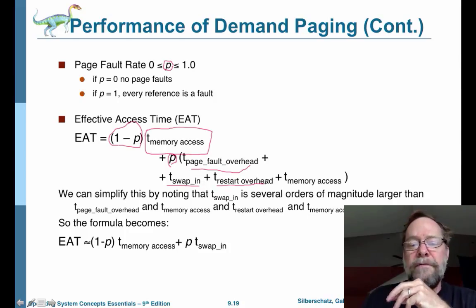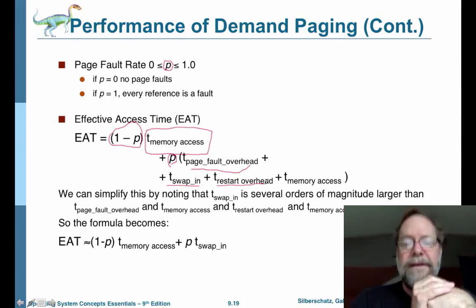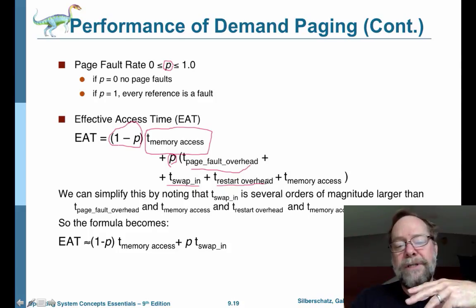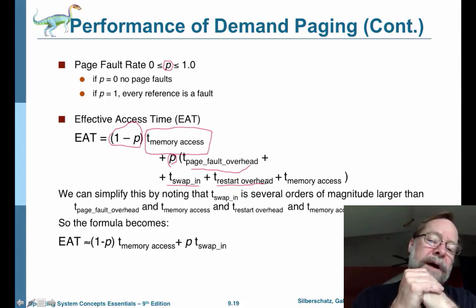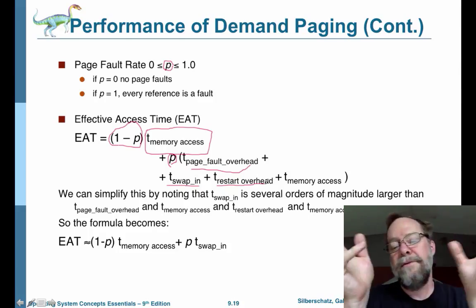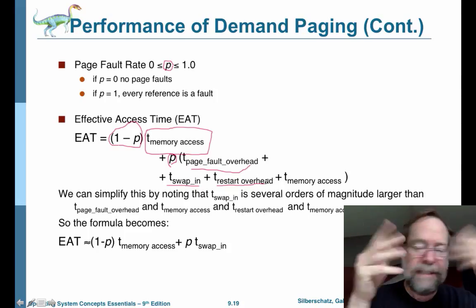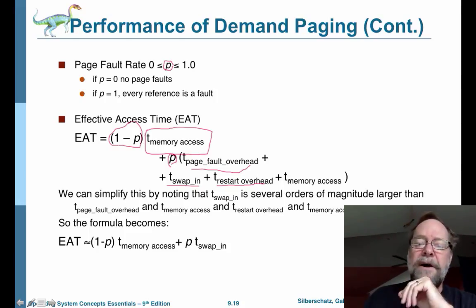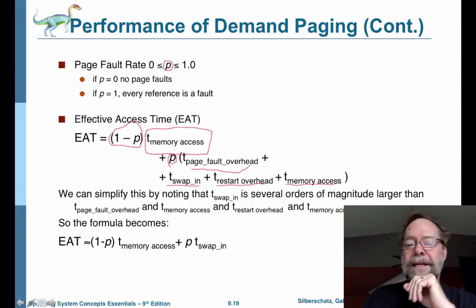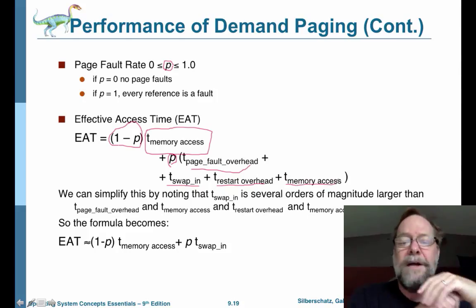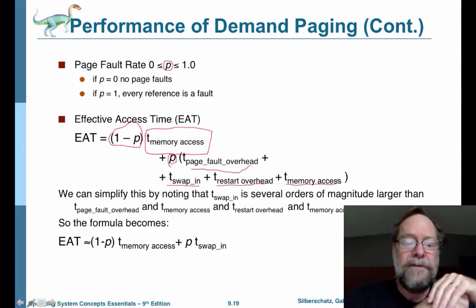Then there's some more overhead for restarting. It's another exception we get from the hard drive, and then we have to do the stuff with updating the page tables, etc. And then finally, when the process gets running again, we still have to pay our costs for the memory access, whatever that would normally be.